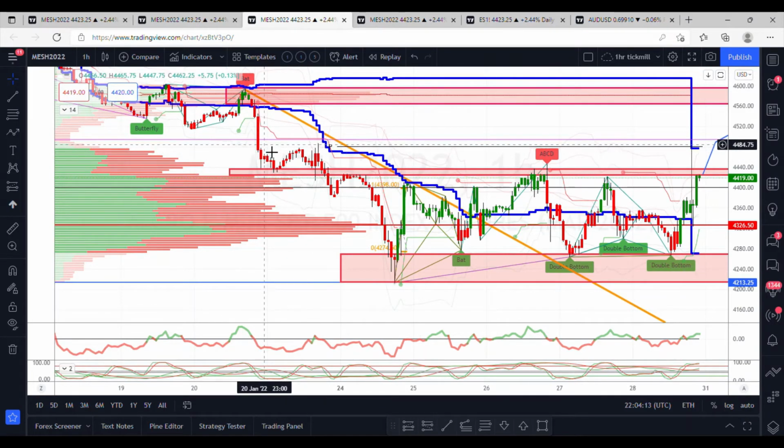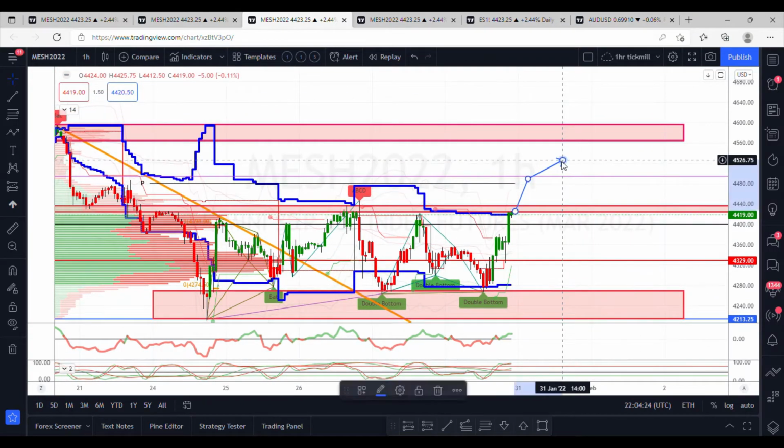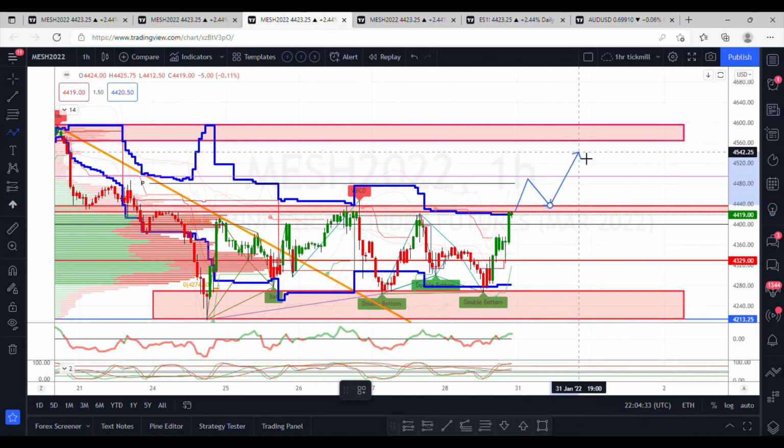So you'd want to get clear of this. Completely clear. So again, what I'd be looking at for here is if we've got that, and then we'll be looking at a continuation, retesting, back up.